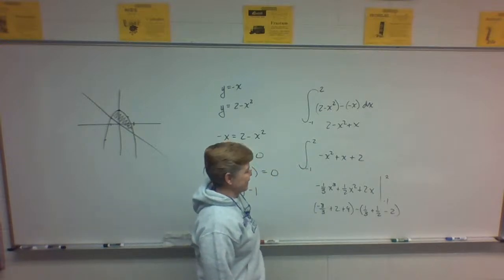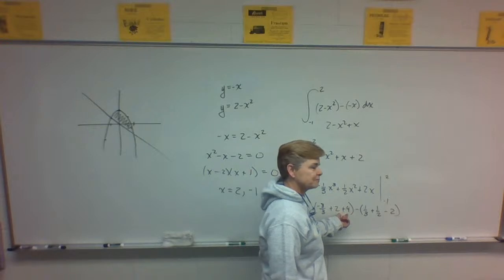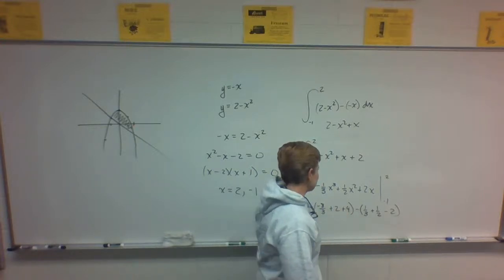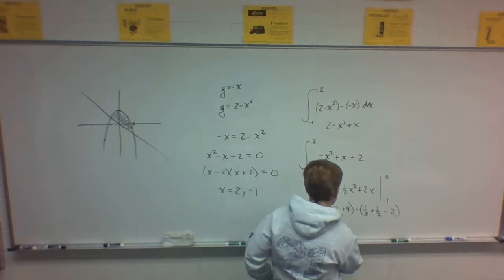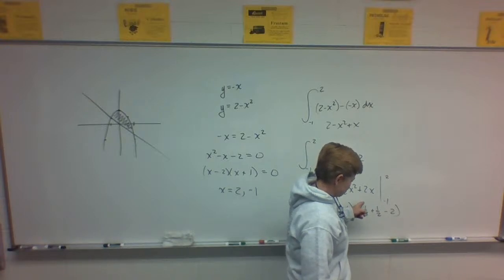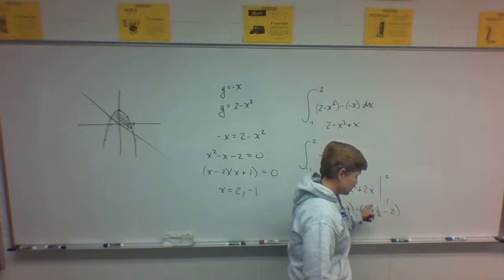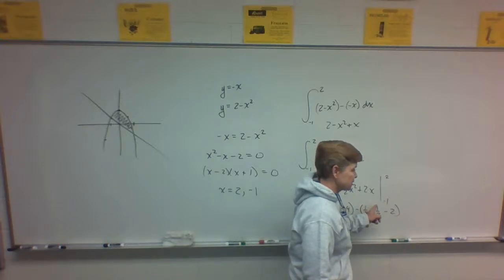Okay, now let's see how well you do with this. This is 6, right? Which is the same thing as 18/3. 18/3 minus 8/3 is 10/3, so this one turns out to be 10/3. This one is 2/6 plus 3/6.